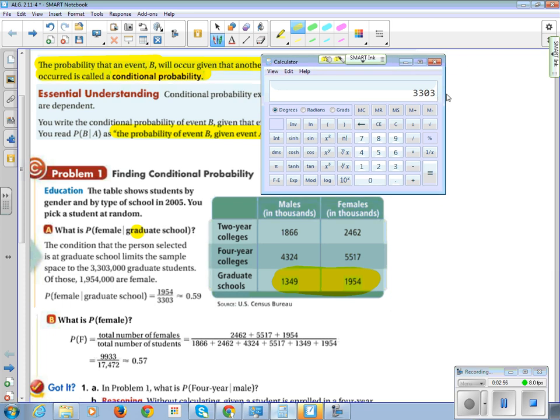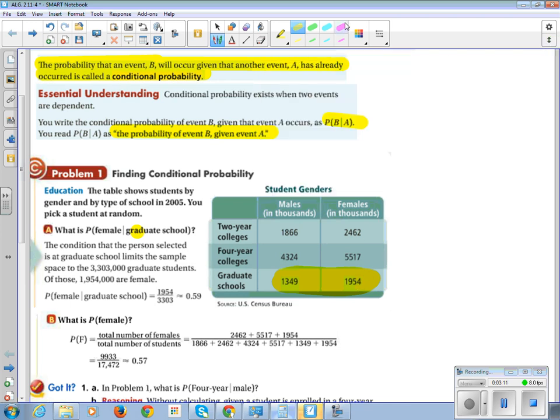So I'm going to put 3 zeros onto that, and that's how they get 3,303,000. And then of those, 1,954 are female. So the probability of being female given that you're in graduate school is 1954 over 3303, which is 0.59 or 59%.